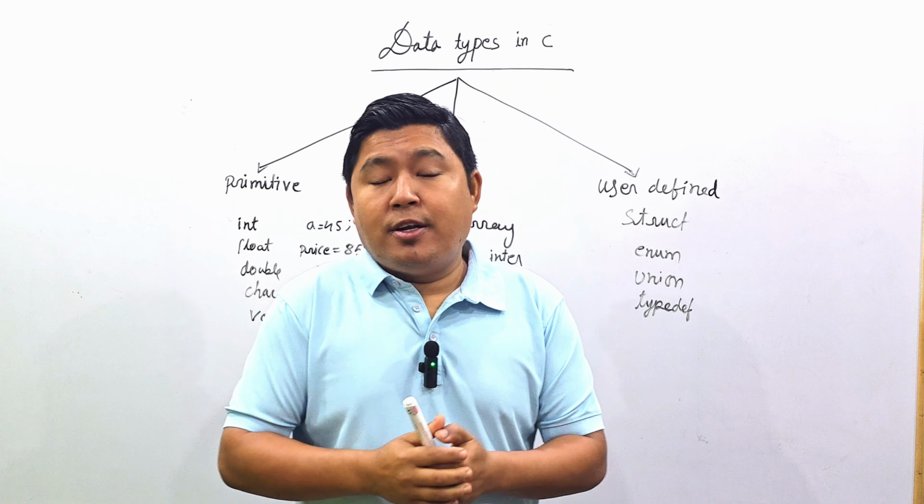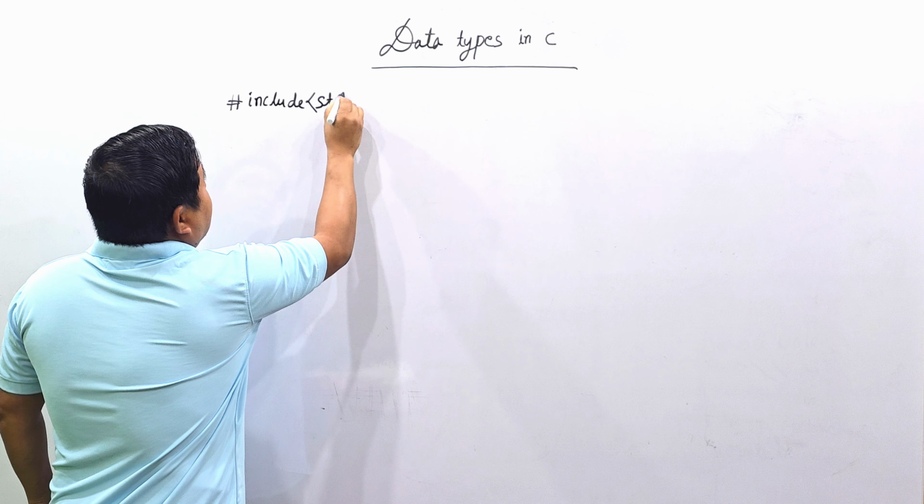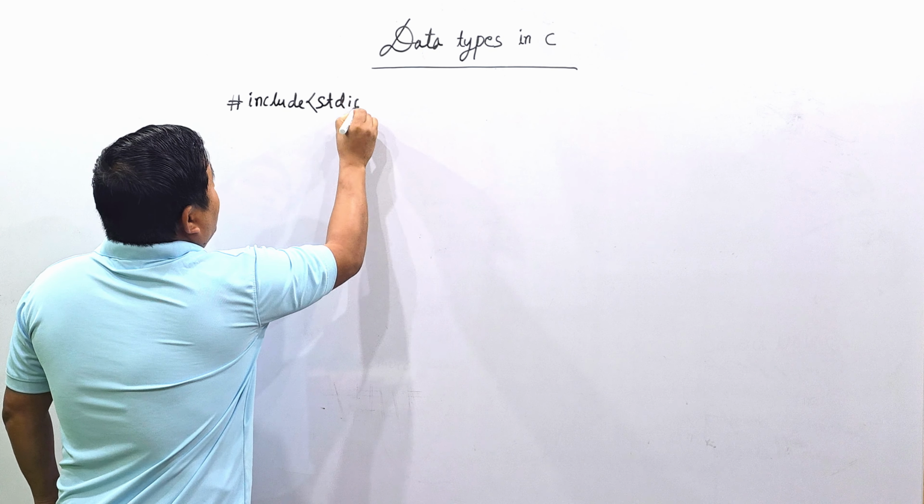So how to create a program in C? First, #include <stdio.h>. This is a header file, which I already discussed in my previous video. And now int main. This is a function.